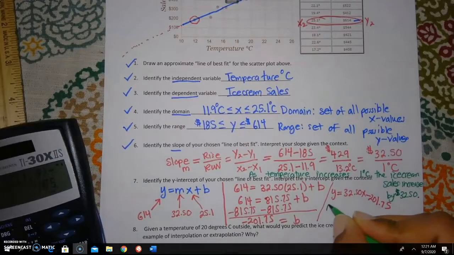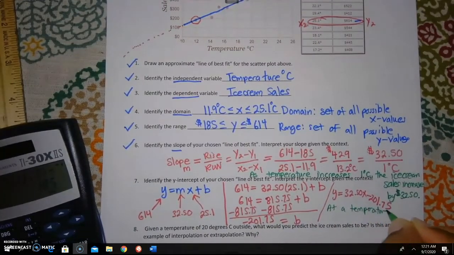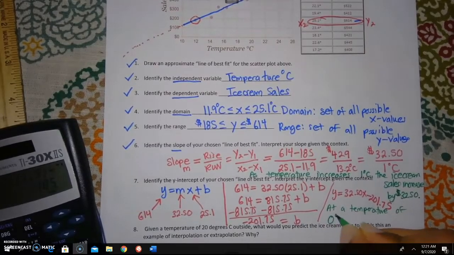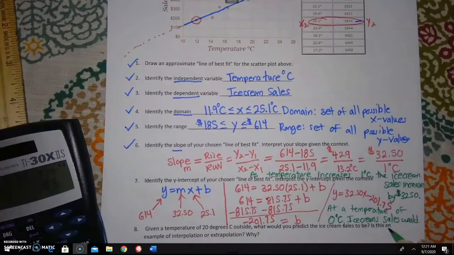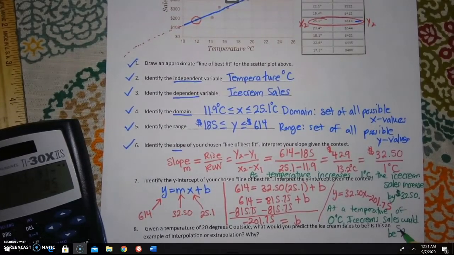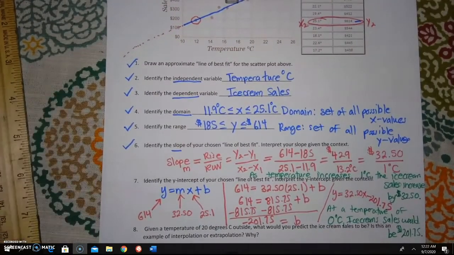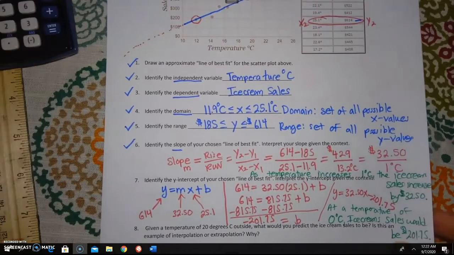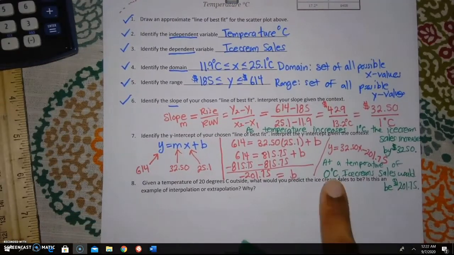So we're going to put here, at a temperature of 0 degrees Celsius, ice cream sales would be negative $201.75. In other words, you would actually have to pay people to take it. And while that's not super realistic, in some ways it does make sense, right? People don't want ice cream when it's that cold.